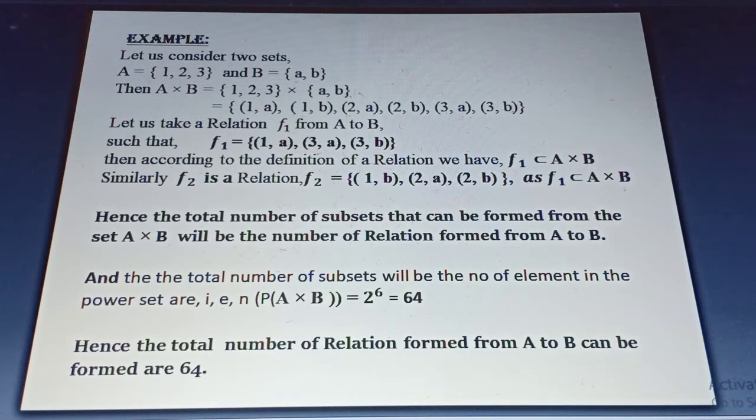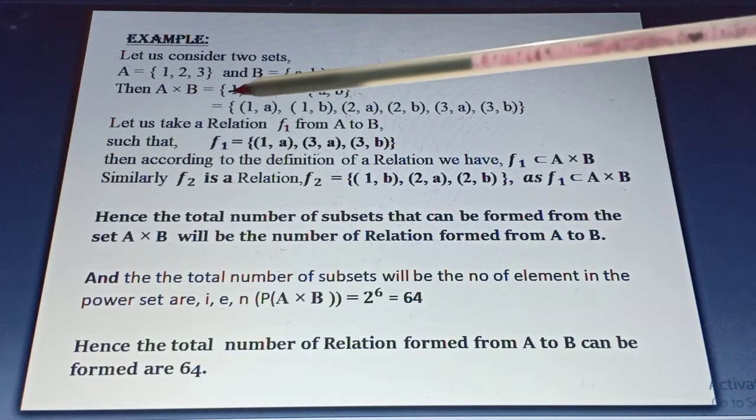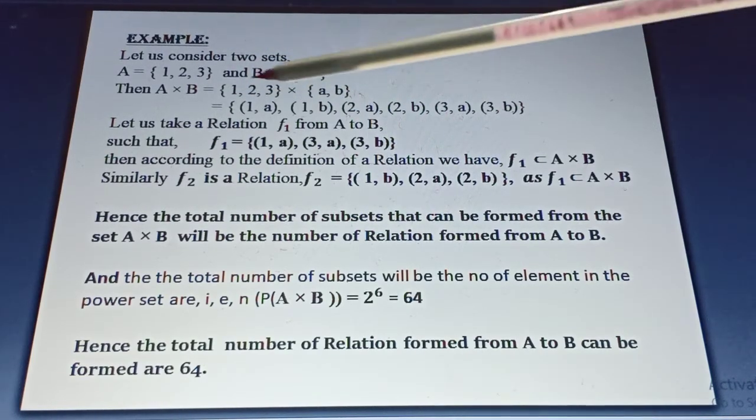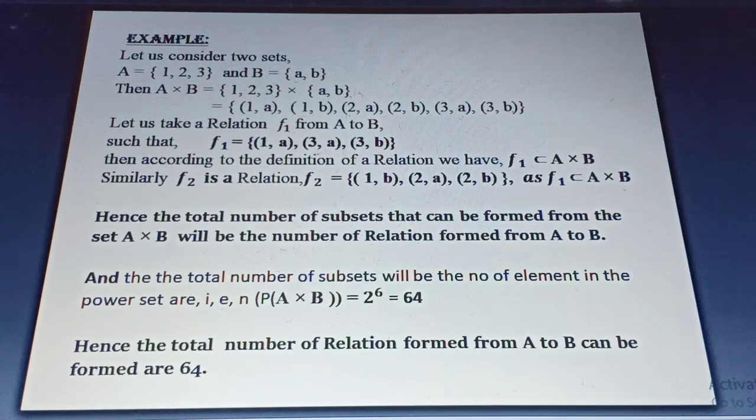So students, I'll go to the next topic. One more example is taken here. Let us consider two sets, A equal to {1, 2, 3} and B equal to {a, b}. Now all of you know how to get A cross B: 1a, 1b, 2a, 2b, 3a, 3b.